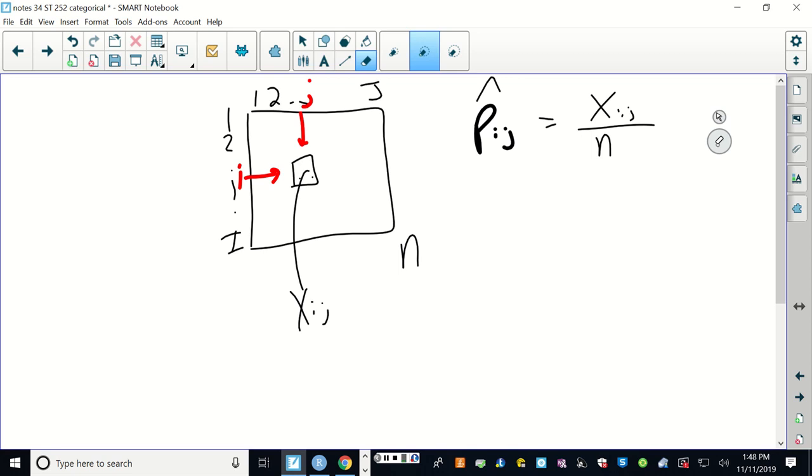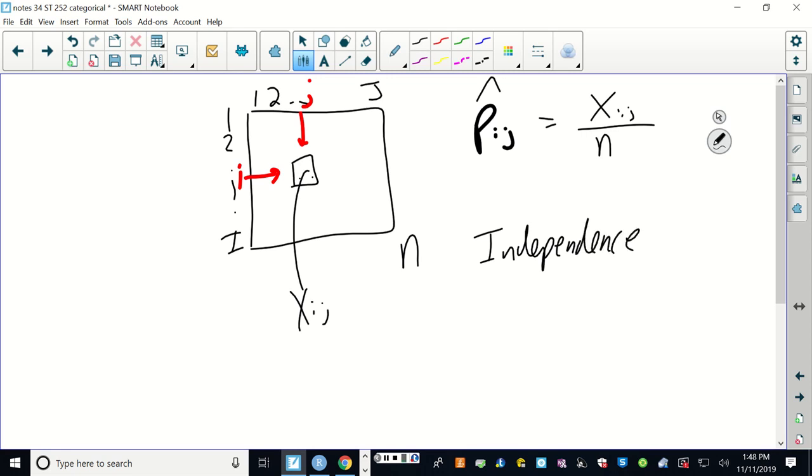But under independence, we're going to estimate it differently. Under independence, our estimate, with a little I there for independence, is going to be the product of the estimates of these 2 things.